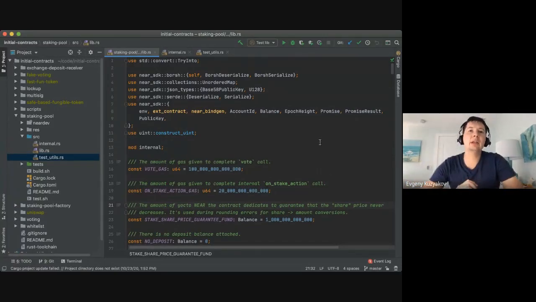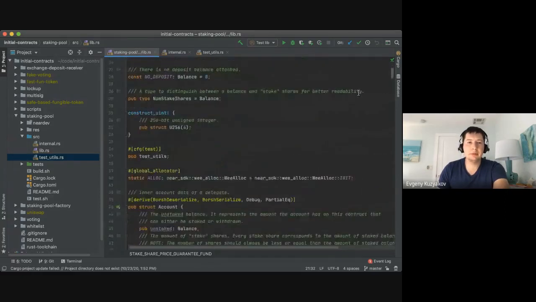So in the core contracts, we have a staking pool account or staking pool contract, and it's a little more complicated than the previous contract that we reviewed, the voting contract. So today we're going to focus more on the logic and less on the NEAR bindgen and Rust specific stuff, but it will probably involve a little more NEAR Protocol knowledge.